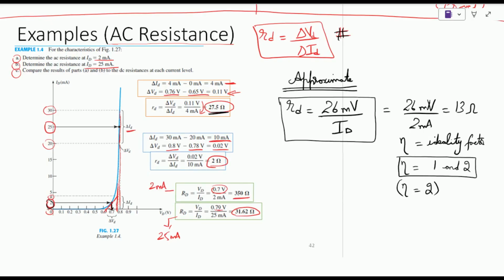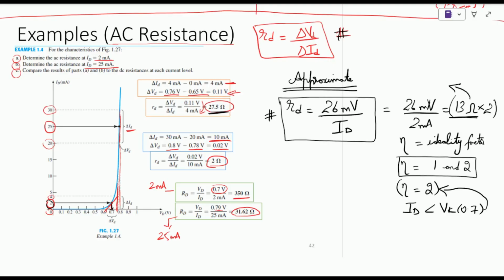So whenever the value of current ID is less than the knee voltage, here being 0.7 volt, we are always going to multiply our answer, which was 13 in this case, using the approximate equation. We are going to multiply it by 2.